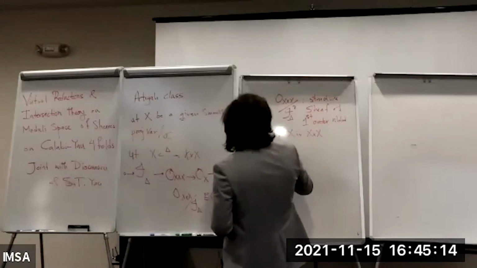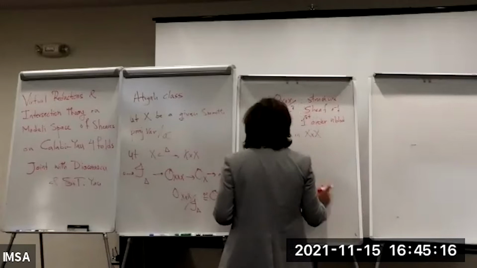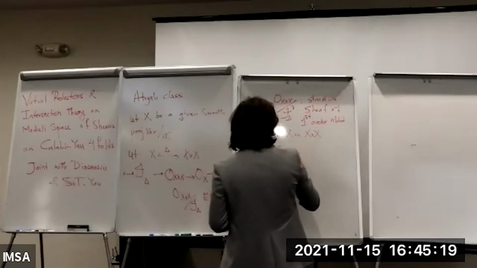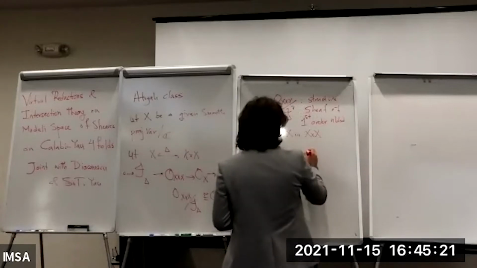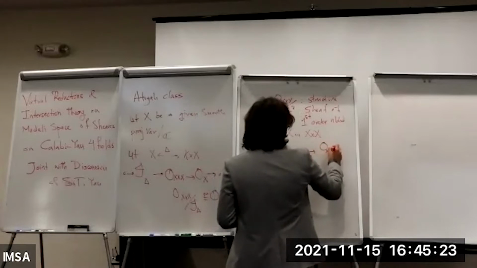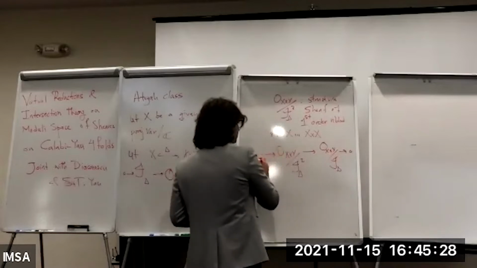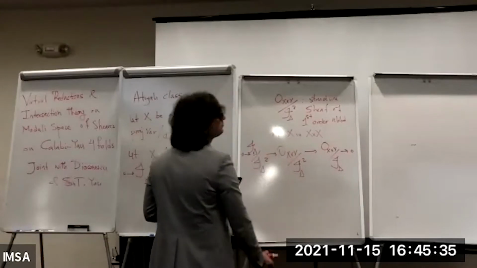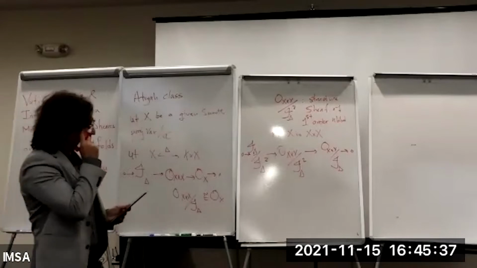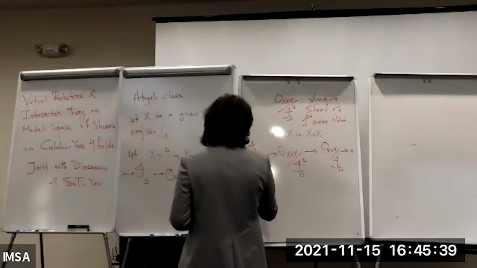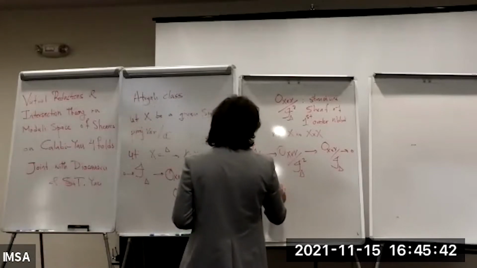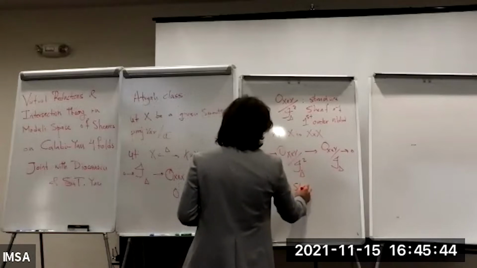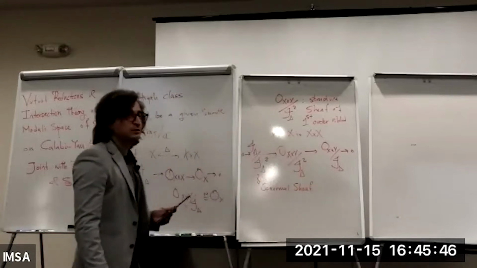So naturally I have another canonical exact sequence: O of X cross X modulo ideal squared projects onto O of X cross X modulo I. The kernel of this is just I mod I squared, and I mod I squared is the conormal sheaf. It's not necessarily a bundle.